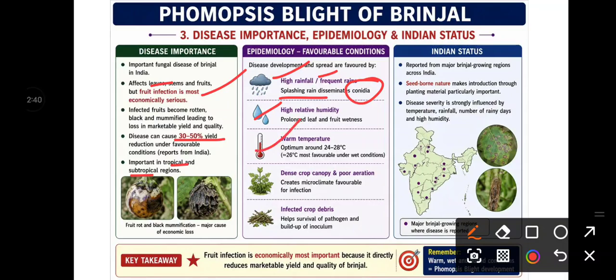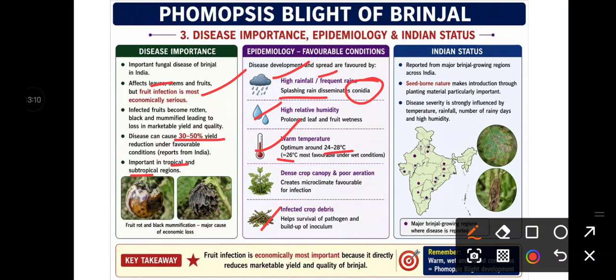Then warm temperature, about 24 to 28 degrees Celsius, and about 26 degrees Celsius is most favorable under wet conditions. Then dense canopy and poor aeration, because they create a microclimate that is favorable for infection. Then the infected crop debris helps in survival of the pathogen and build-up of inoculum. So these are the favorable conditions. Remember: warm temperature, high humidity, high rainfall.